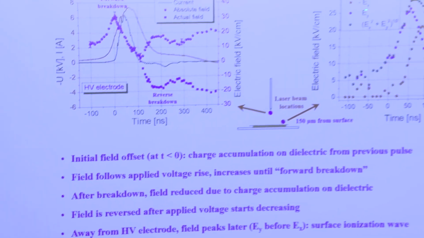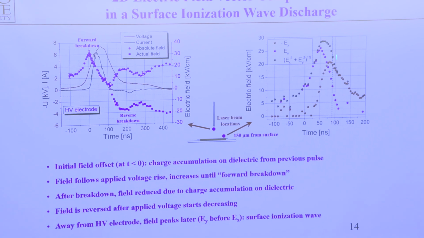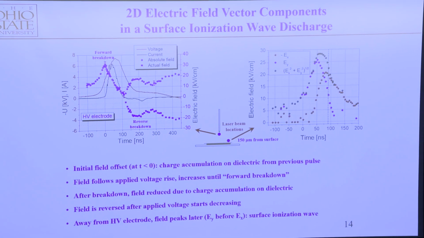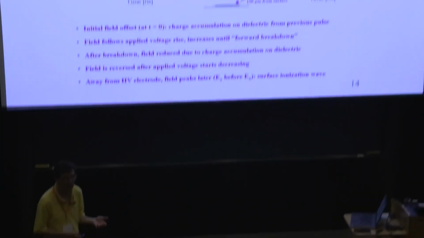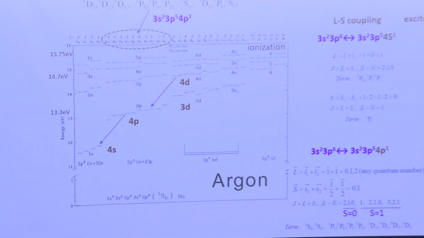And he measured the X and Y directional electric fields, and then took the square root of the sum of squares to get the absolute electric field. So today technology becomes so advanced that we can measure electric field and number density.